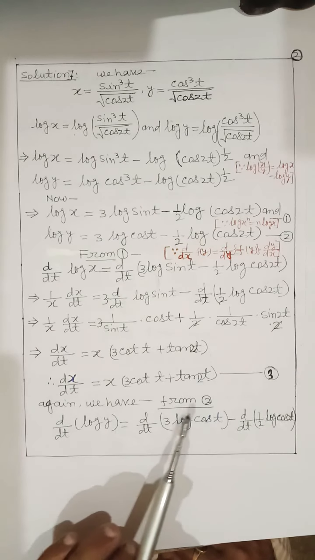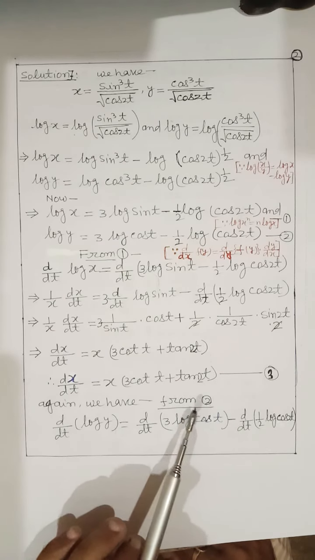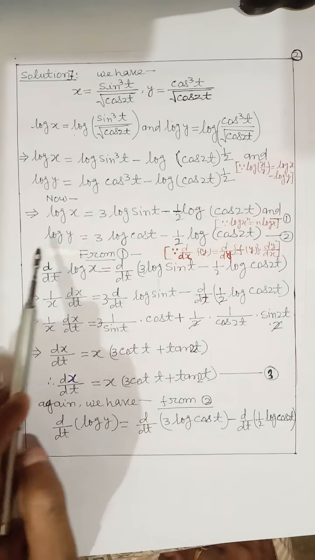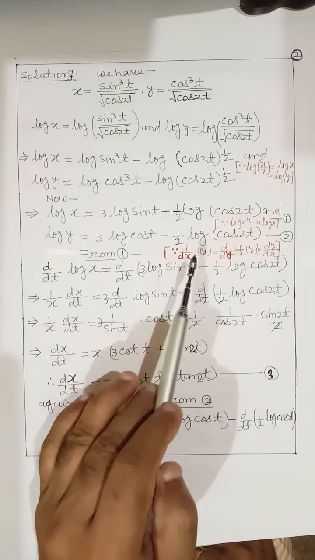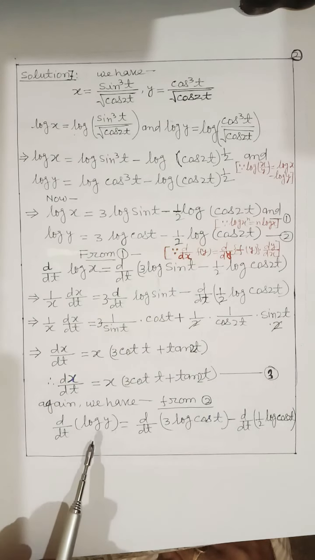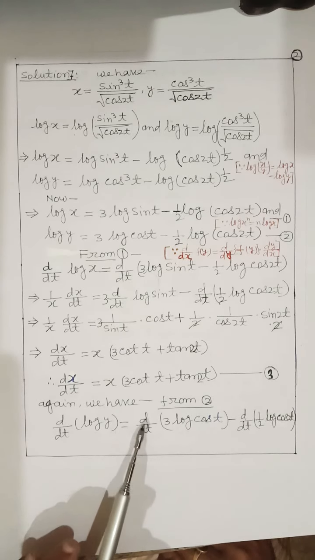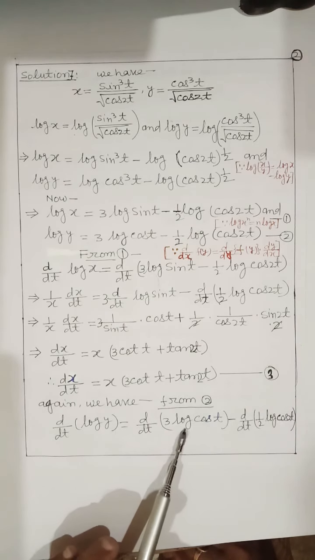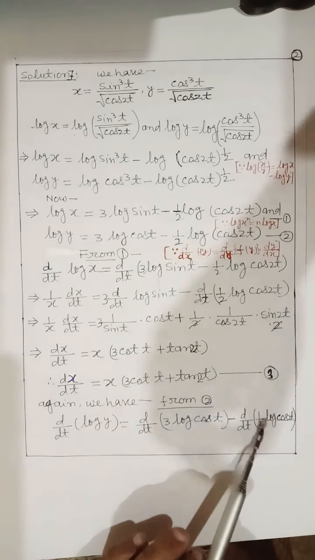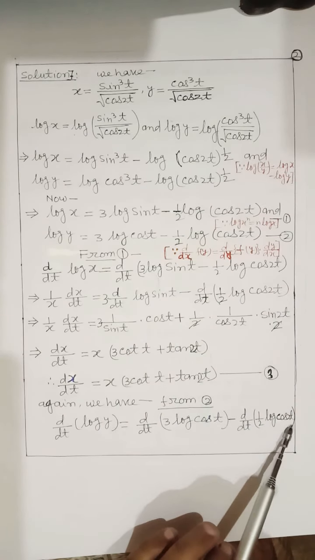Again, from (2), we differentiate this with respect to t. Again we have d/dt log y equal to d/dt 3 log cos t minus d/dt 1/2 log cos 2t.